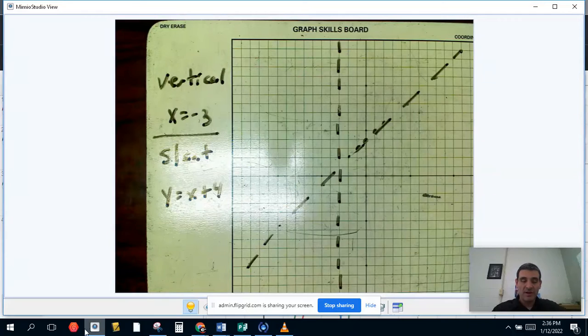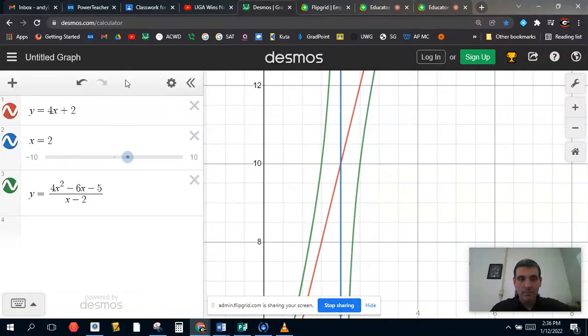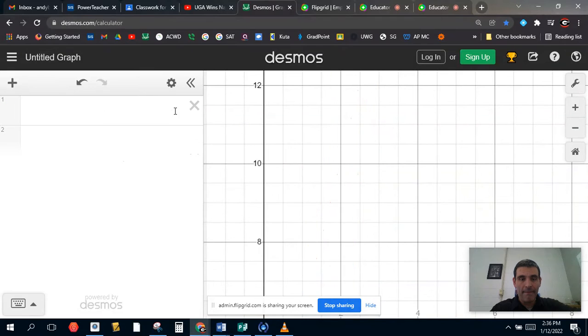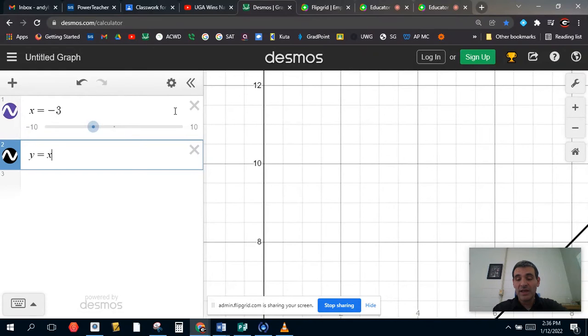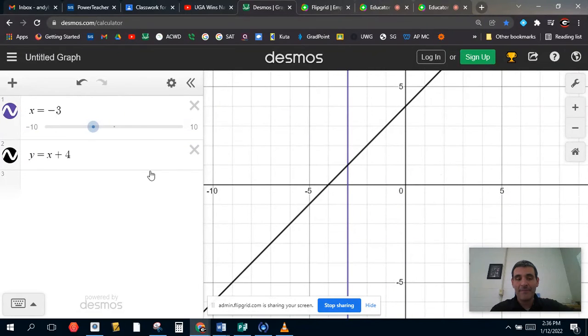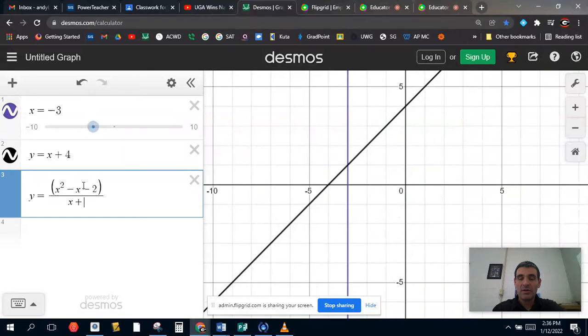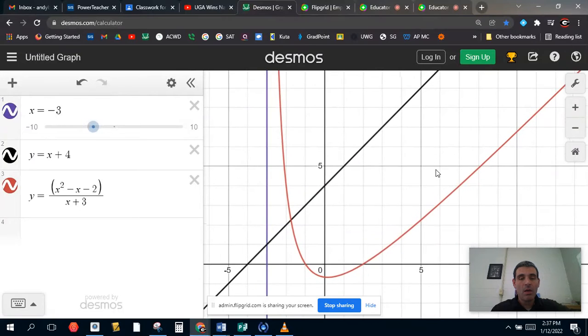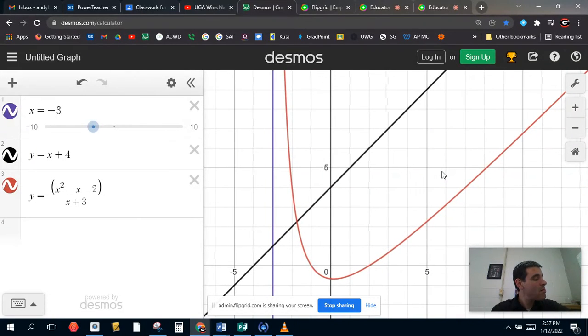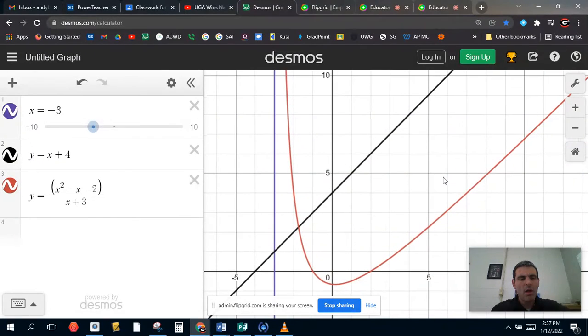Again, we're going to go into Desmos here. So x equals -3 and y equals x plus 4. So there's that same picture, the purple and the black there. If I graph my function here, x squared minus x minus 2 divided by x plus 3, that does not look right, does it?